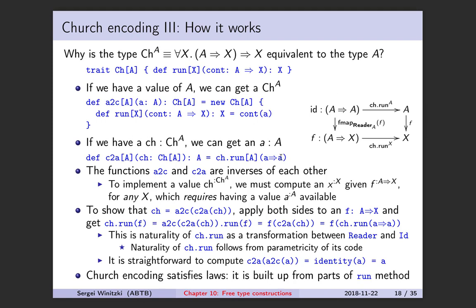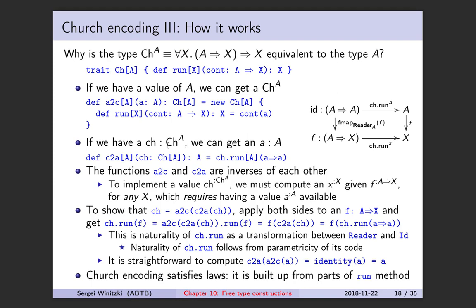In the other direction, in order to extract A out of this, the only thing we can do, obviously, on this value, which is a function, is to call that function. On which argument and with which type X, that is our choice.